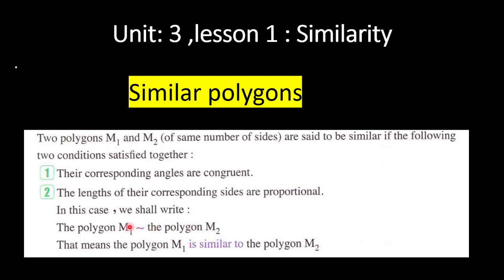In this case we write the vertices of the two polygons in the order that the corresponding angles are equal and corresponding sides are proportional. And we say that M1 is similar to the polygon M2.